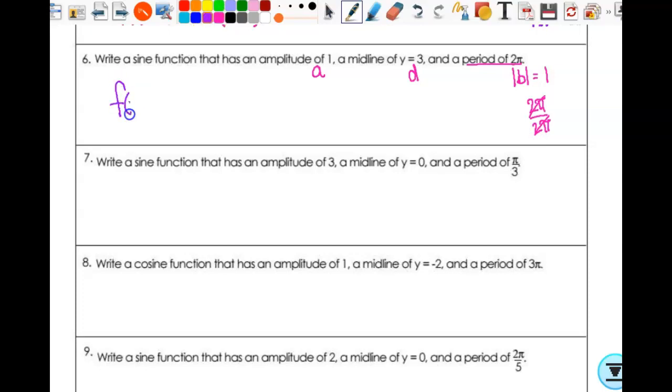My equation, f of x equals a, which is 1, so I'm not writing it. This is a sine function. Sine of b, which is 1, so I'm not writing it, x, and then plus 3. So it's just a vertical shift up. Okay. We all good with that?